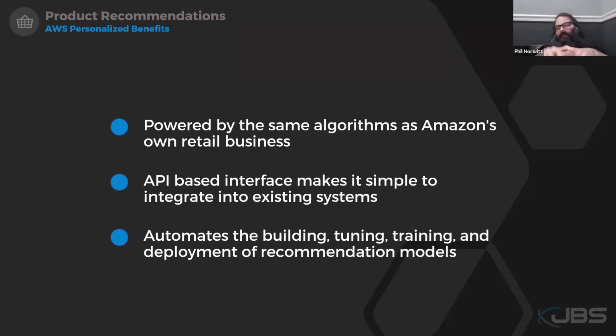AWS Personalize handles all these things for you. So if you don't have a data science department, or if you don't have a dedicated data engineering staff, you're still able to bring these things into your applications and start taking advantage of them.